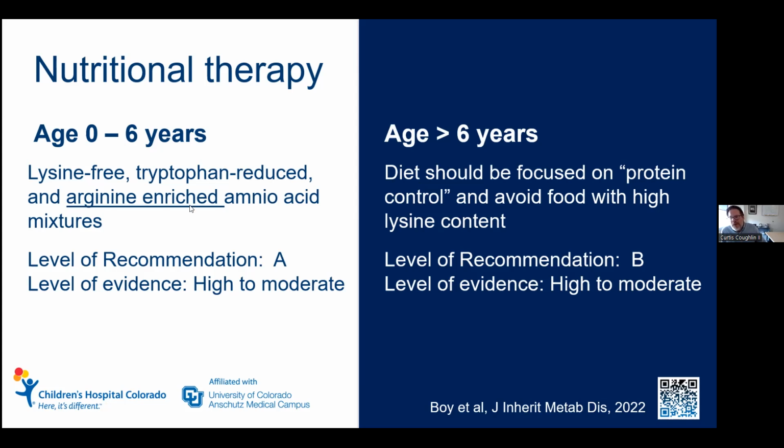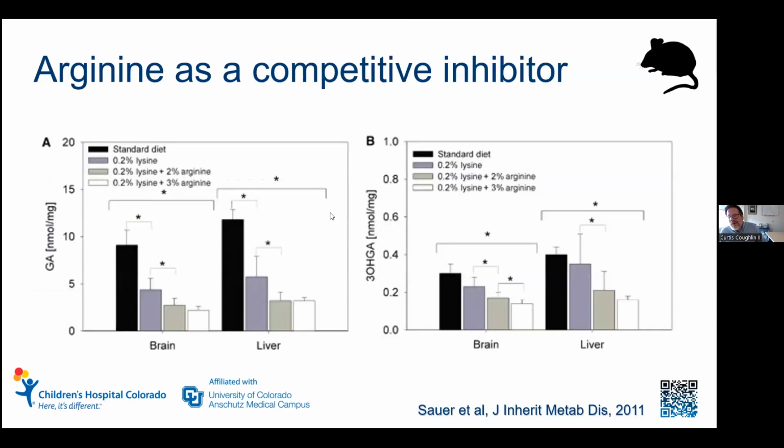You're going to notice that both the recommendations for PDE and GA1 recommend using arginine. I actually think both of them are based on this really good paper that showed in mouse brains that the only time we actually lowered 3-hydroxyglutaric acid was when those mice were on a low lysine chow and a highly enriched arginine that competed with lysine transport, and it made the biochemistry better.